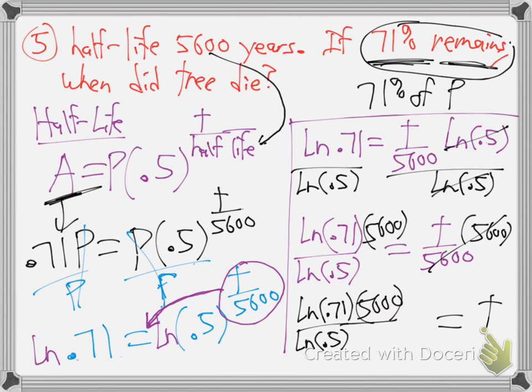If you hit the buttons on your calculator, you'll get the answer 2767. That's how many years old the tree would be if it's got 71% of its original carbon-14 remaining. It's 2767 years old. That's how long ago the tree died.